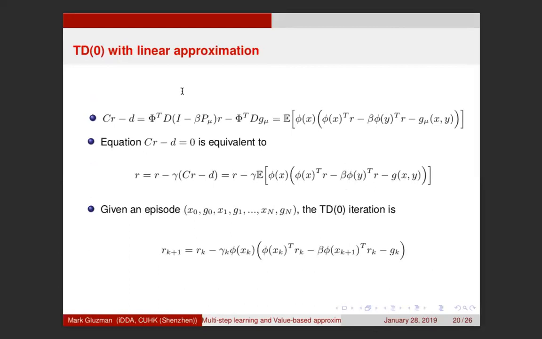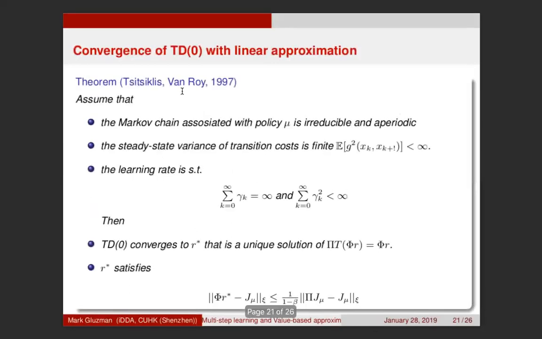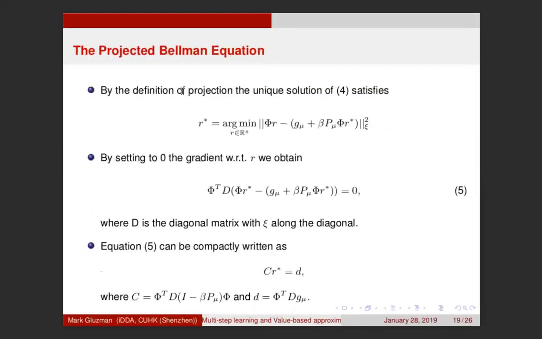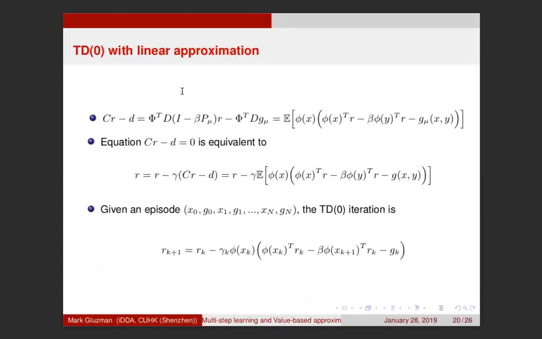So basically, we want to solve this compact set of linear equations. We write C R minus D, and if we substitute the definition of C and D, we get the second term.